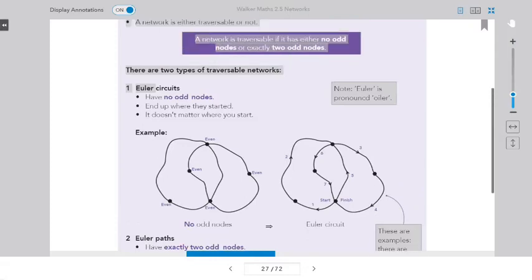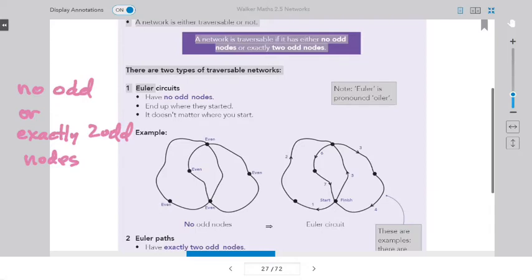A network is traversable if it has no odd nodes or exactly two odd nodes. If you're writing some notes, which hopefully you are, it is traversable if it has no odd nodes or exactly two odd nodes. So you're going to have to make that little chart to be able to figure that out.